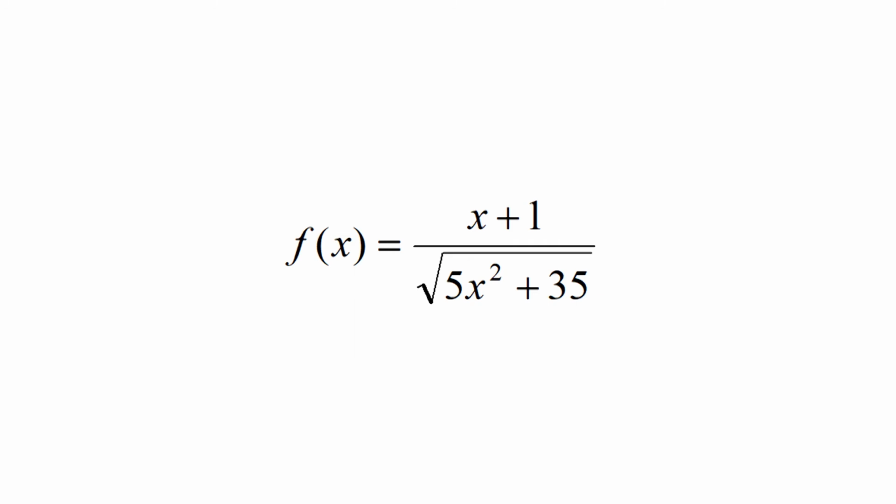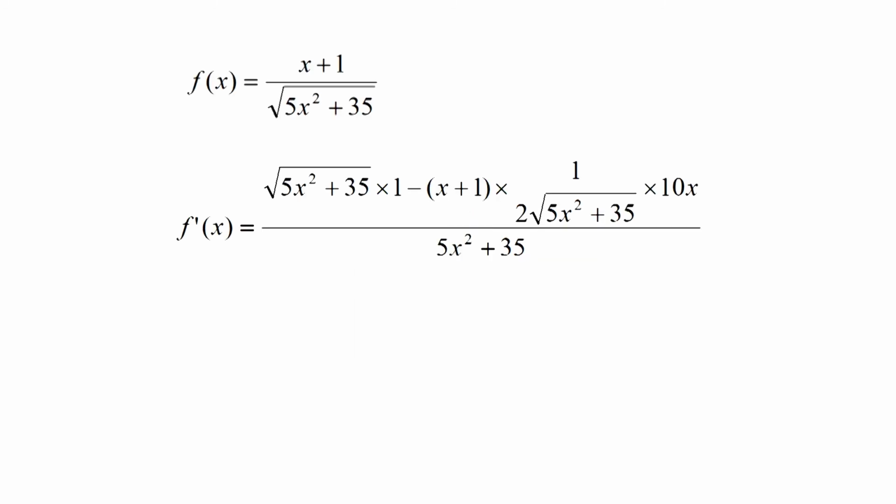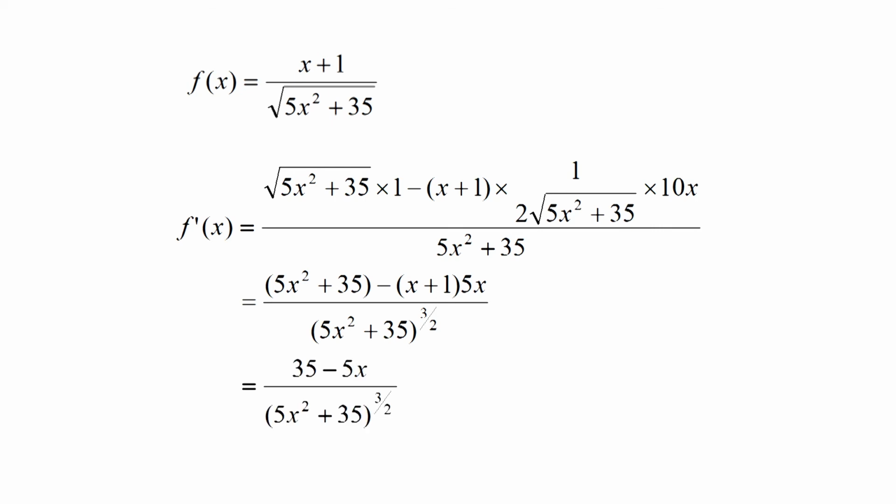This function is differentiable everywhere, and f'(x) = [√(5x² + 35) × 1 - (x + 1) × (1/2) × (1/√(5x² + 35)) × 10x] / (5x² + 35), which is equal to [(5x² + 35) - (x + 1) × 5x] / (5x² + 35)^(3/2), which is equal to (35 - 5x) / (5x² + 35)^(3/2).